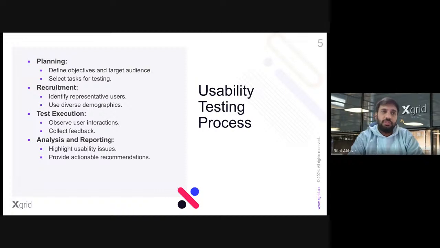In test execution, we observe how users interact with the application. Is it easy for them to use, or is it difficult? We collect feedback from multiple users and highlight usability issues from the collective feedback. Then recommended actions are provided to the development teams to resolve those issues.